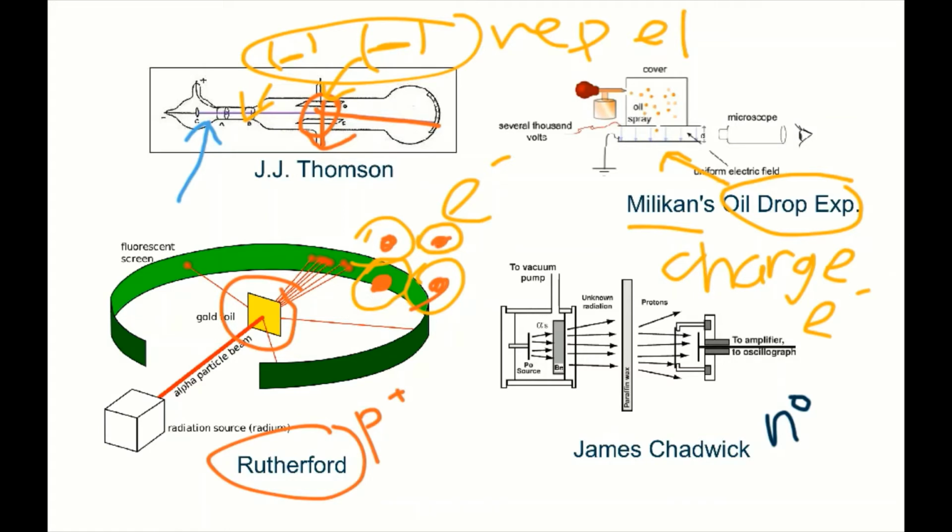So when he shot it there, it got deflected because this was positively charged and the protons are positively charged. So in this image, it got deflected as shown right there.